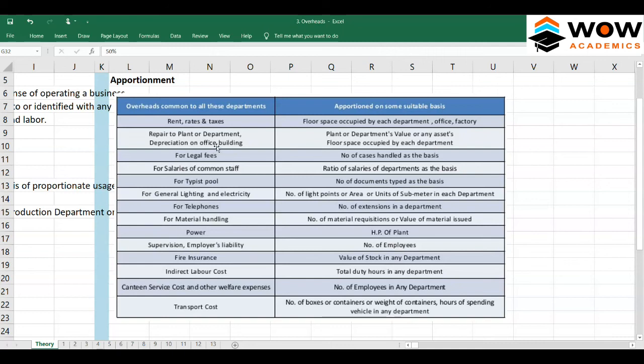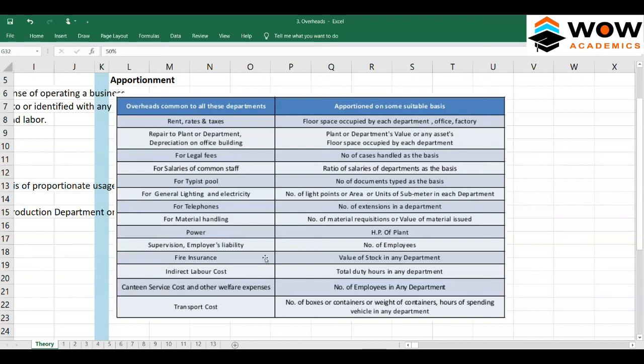If there's any legal fee involved by the companies, that has to be divided on the basis of number of cases handled in each department. For salaries of common staff, the ratio of salaries of departments is the basis. Power can be divided on the basis of horsepower of machines in each department.